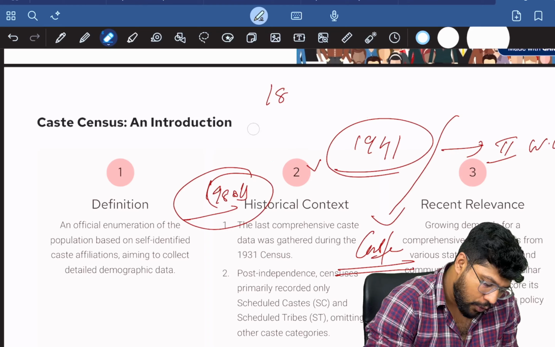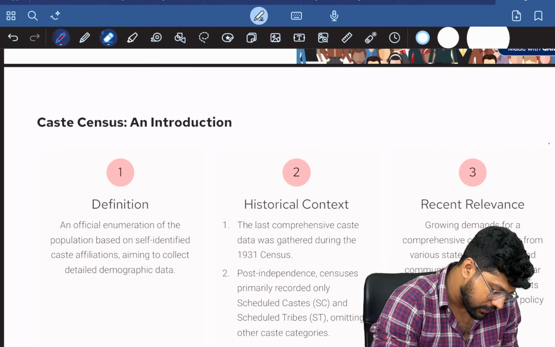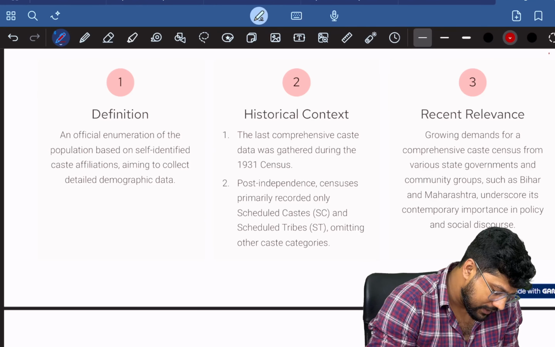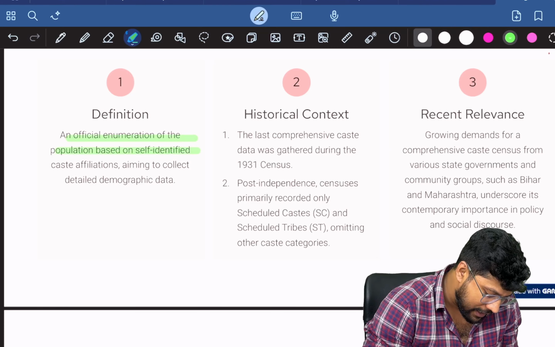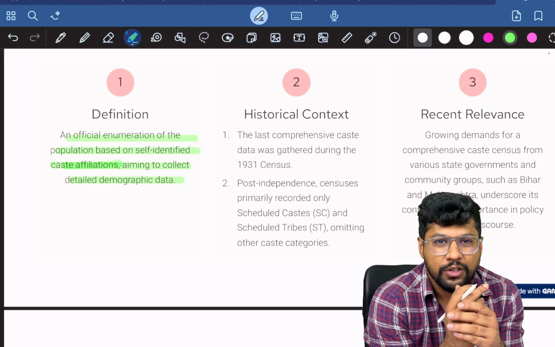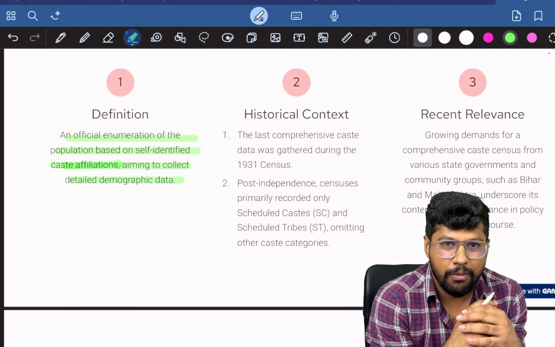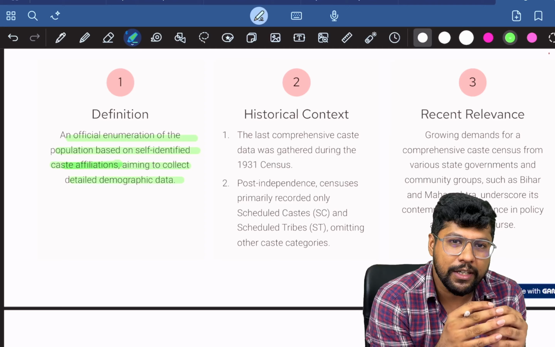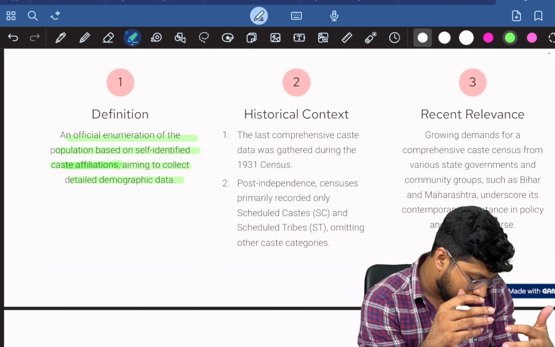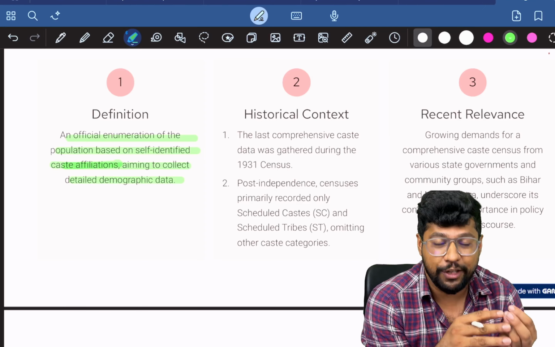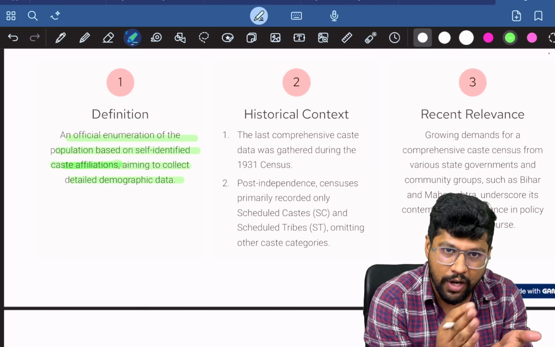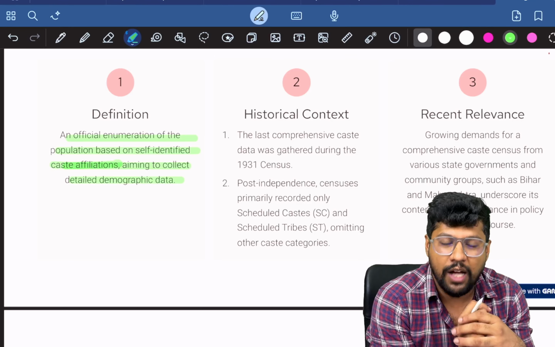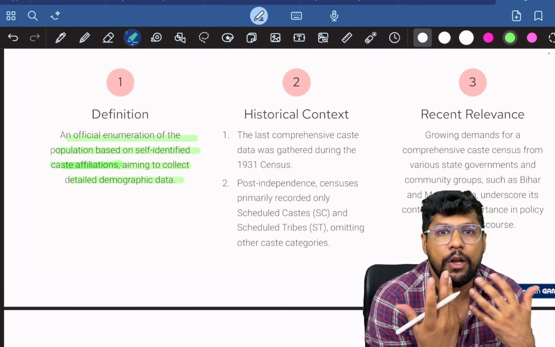Before we go further, we'll analyze the definition of the caste census. A caste census is an official enumeration of the population based on self-identified caste affiliations, and it aims to collect detailed demographic data. Here is one catch point you should remember: caste identification happens through self-identification. Whenever the census enumerator comes to your house, they will ask what your caste is, and you can tell the caste you belong to.